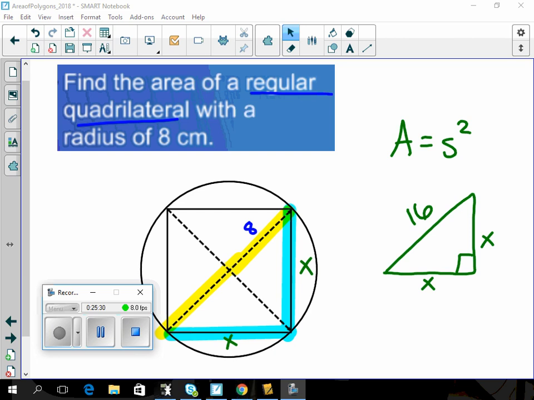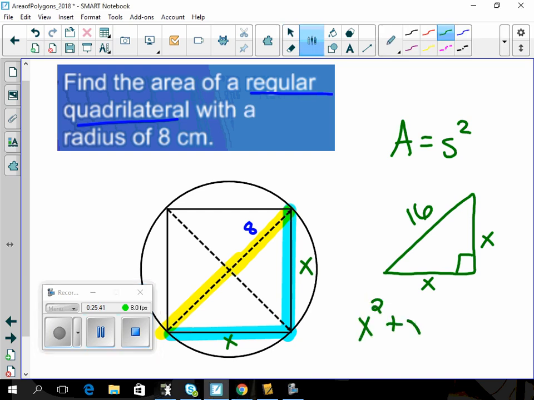Pythagorean theorem. Can I use Pythagorean theorem here? Absolutely. That's what we're going to do. Let's find x. So we have x squared plus x squared is equal to 16 squared. Why is 16 by itself? Isn't that the hypotenuse? Isn't that the C?